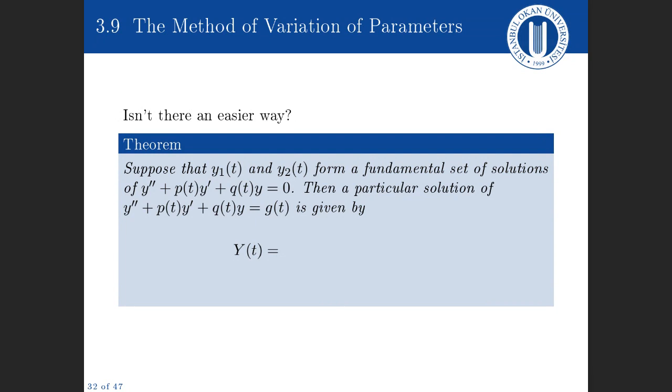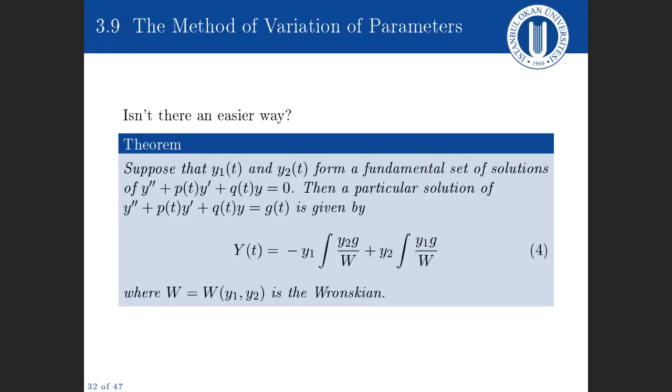Then we can find a particular solution of this non-homogeneous equation using this formula. It's minus y1 integral of y2 g over w plus y2 integral of y1 g over w, where w is the Wronskian of y1 and y2. If you want to, just remember this formula in case you're given a method of variation of parameters question.